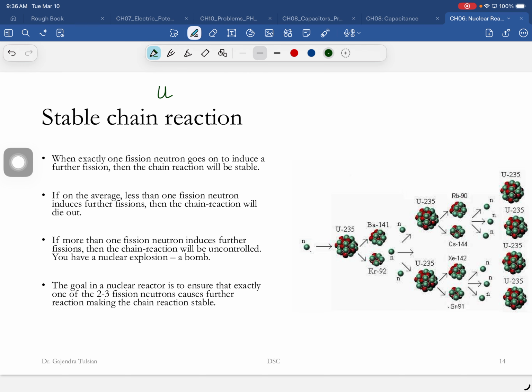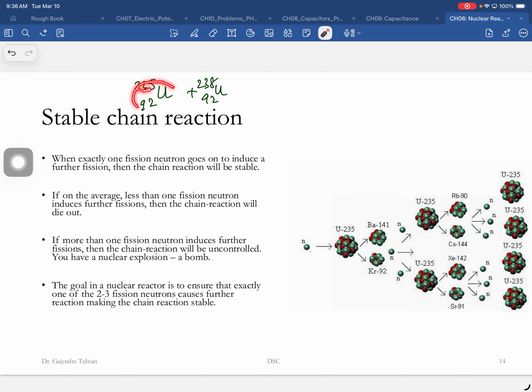And here's the deal. If you go mine uranium, this isotope and uranium-238, what you get is a combination of these two. Uranium is identified by 92 protons, so it has 92 protons and 92 electrons. Uranium-235: 235 minus 92 is 143 neutrons.